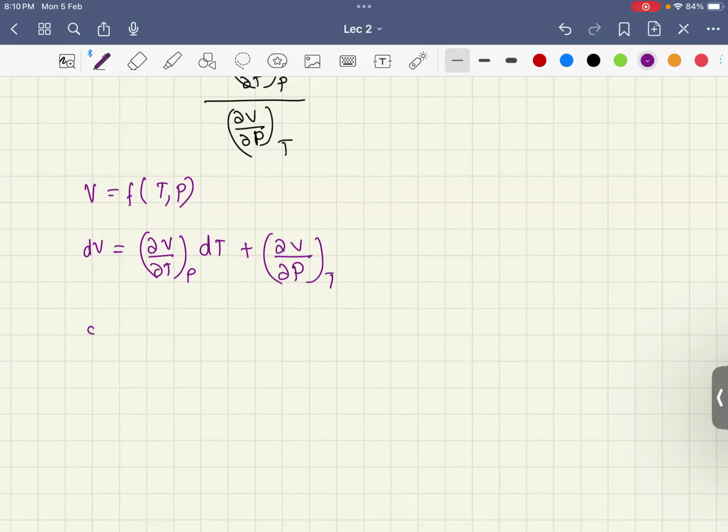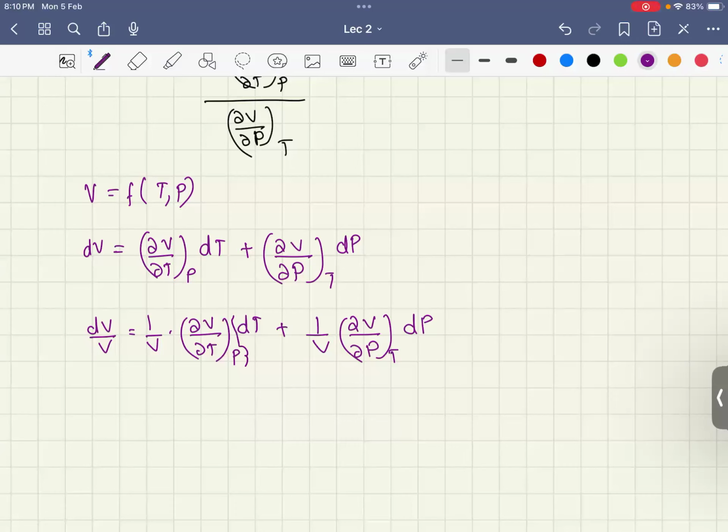Now we divide both sides by volume: dV/V equals (1/V)(∂V/∂T at constant P) dT plus (1/V)(∂V/∂P at constant T) dP.